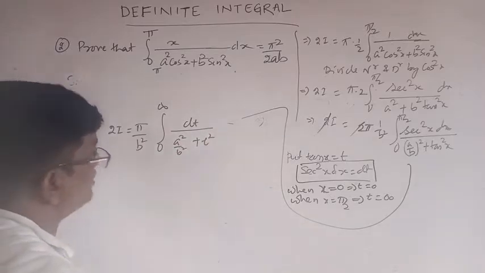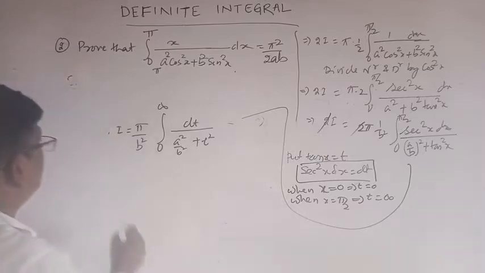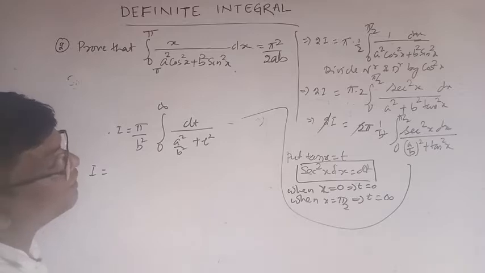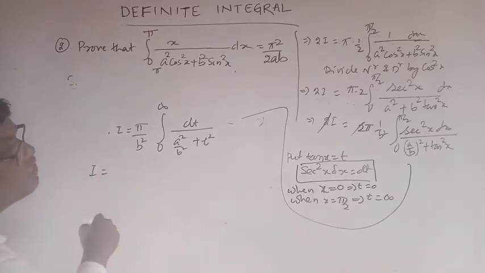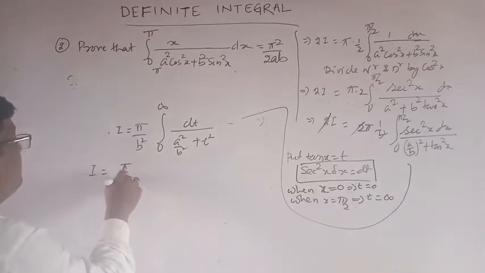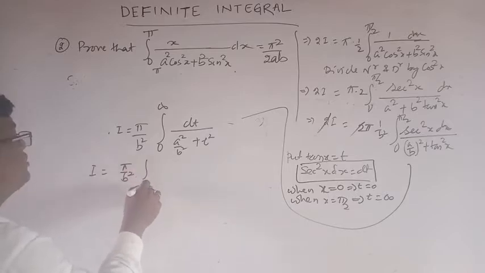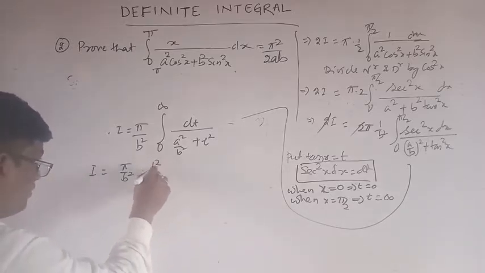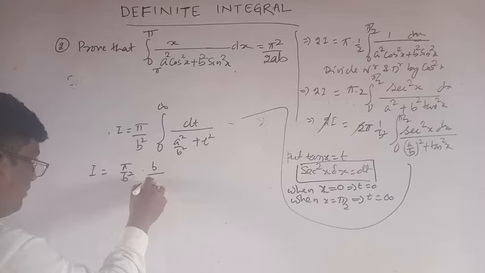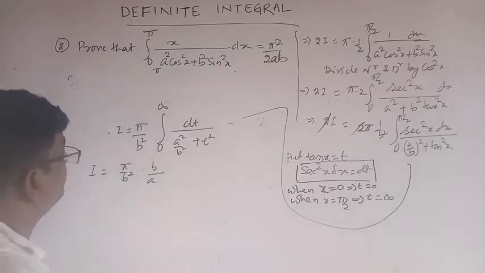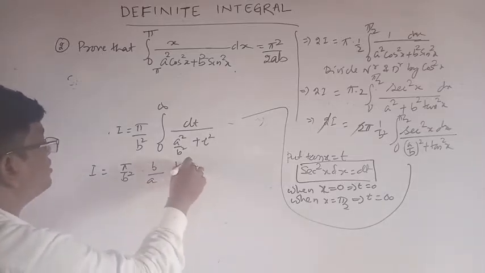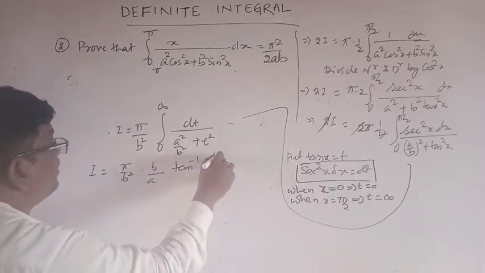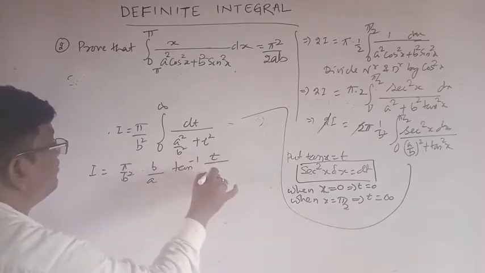So this 2 cancels here. I is equal to pi by b square, and this is 1 by a. 1 by a means b square by b by a, b by a into tan inverse t by a by b.